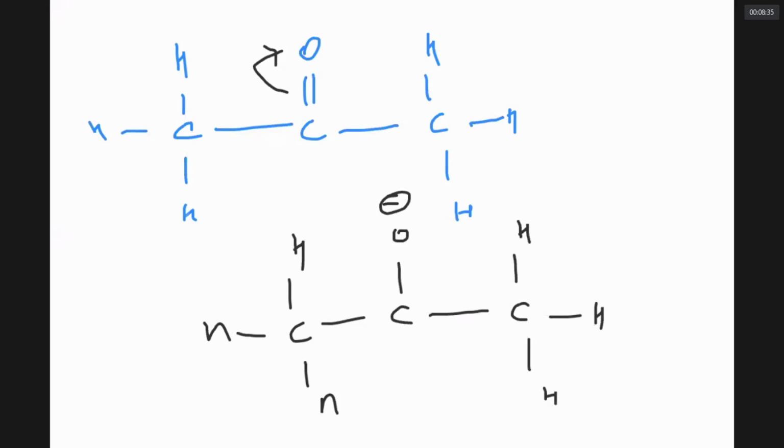What happened to the central carbon? It lost one electron. So it will take the neighboring C-H electrons and convert them into a double bond. So you will be getting, where should I draw?